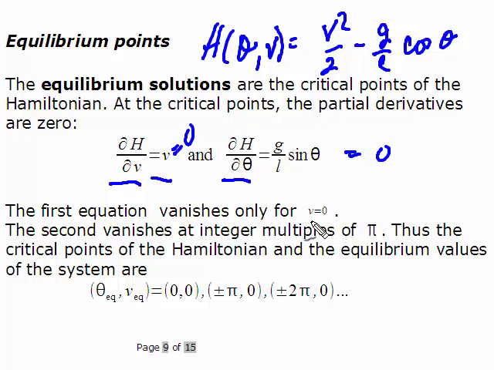The first solution vanishes for v equals 0. The second will vanish for multiples of pi, so that sine pi, sine 2 pi, sine 3 pi, etc. are all 0. So these are the critical points of the Hamiltonian. Theta can be 0, plus or minus pi, plus or minus 2 pi, and all the values for v at equilibrium are going to be 0.